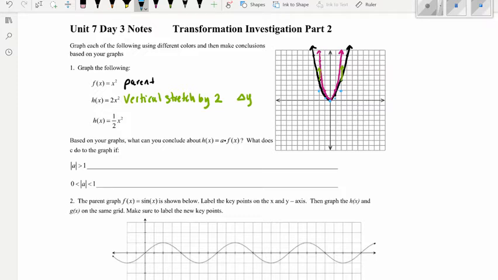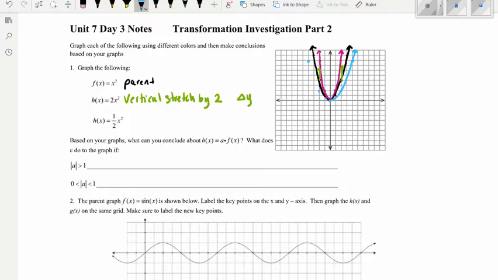So if I did 4 squared we know is 16, and 16 divided by 2 is 8. So we have 4, 8, and negative 4, 8.